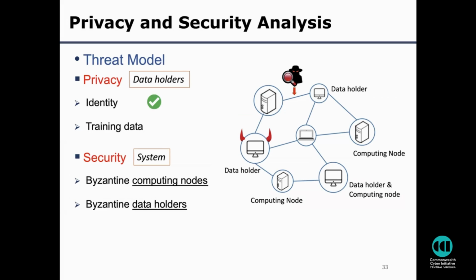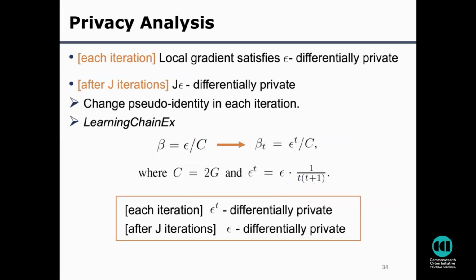Then let's see the training privacy. Since the model training process is conducted iteratively, in each iteration the data holder broadcasts the perturbed local gradients. These gradients satisfy epsilon differential privacy, which protects the privacy of their data.